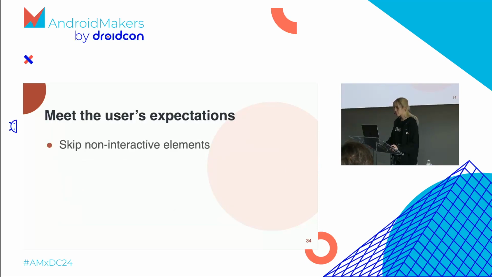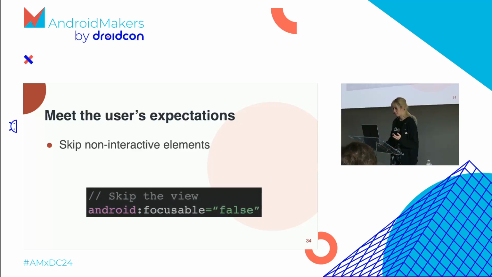And on the contrary, don't let non-interactive elements get the focus. So for example, a non-clickable image view is skipped by default and should stay that way. But if for some reason they get the focus, please set the focusable attribute to false. The reason is, of course, because navigating with a keyboard can be quite frustrating since you need more steps to reach the element you're interested in.